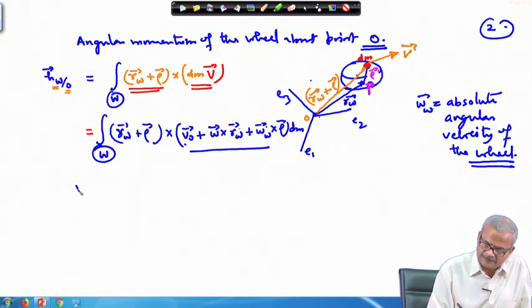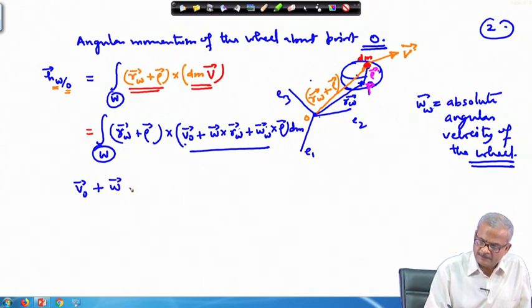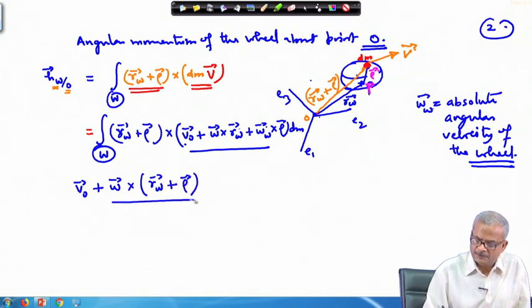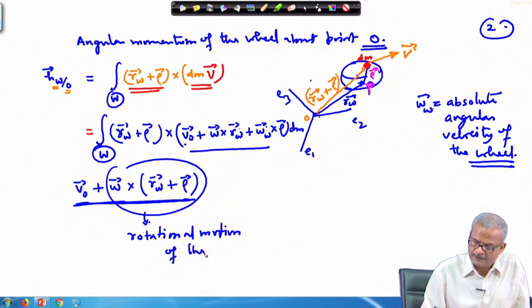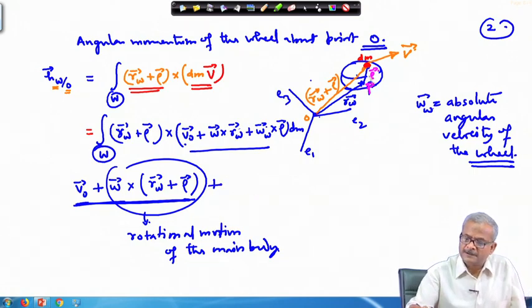This we can also understand from the point of view that v 0 plus omega cross r w plus rho. This part arises because of the rotational motion of the main body. And then the satellite itself is spinning, this wheel itself is spinning.